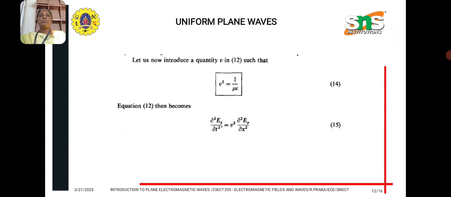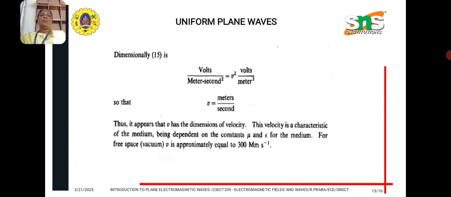The parameter 1 by mu epsilon is nothing but the velocity of the wave squared, that is, v squared is 1 by mu epsilon, where v is the velocity of the wave, mu is permeability and epsilon is permittivity. By substituting this, D'Alembert's equation becomes ∂²Ey/∂t² equal to v squared ∂²Ey/∂x². In dimensions, we get volts per meter per second squared equal to v squared times volts per meter squared. Solving this, we get the velocity in meters per second.